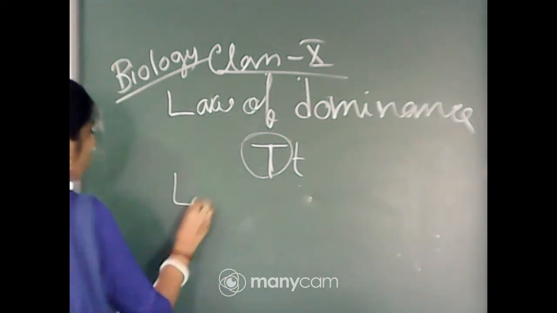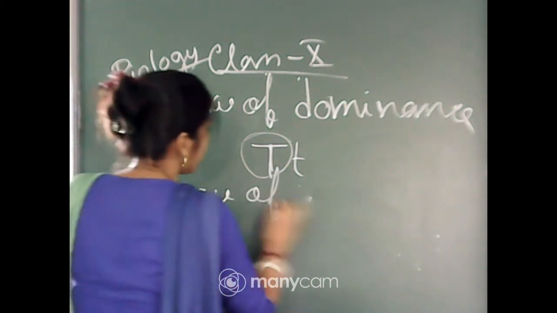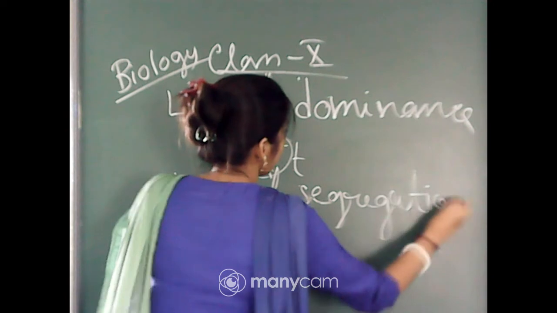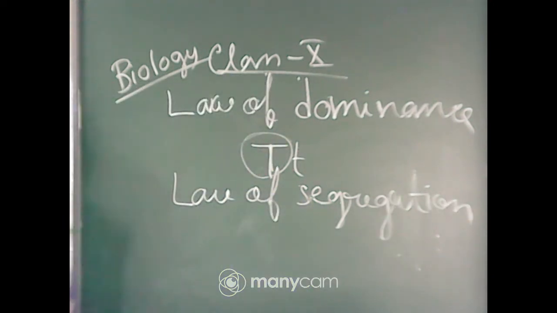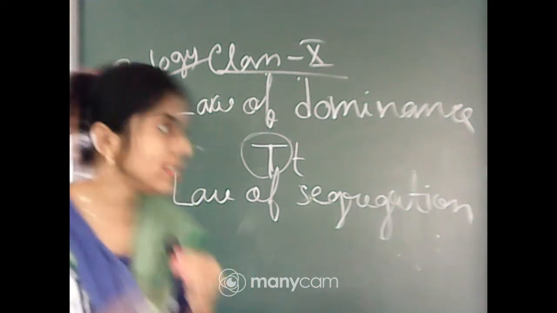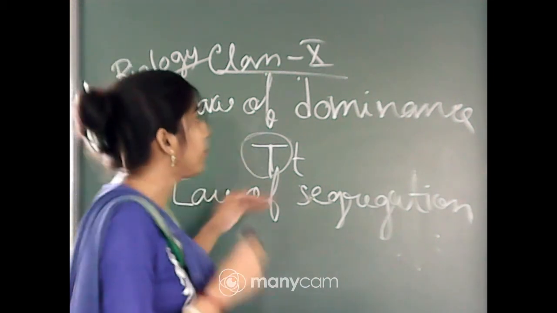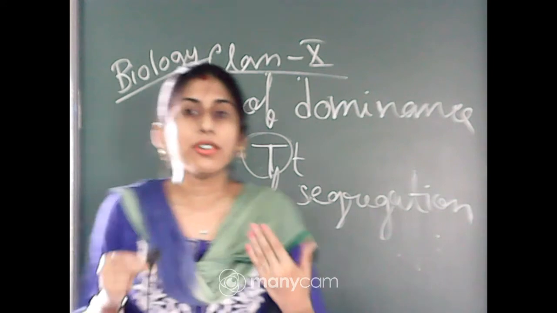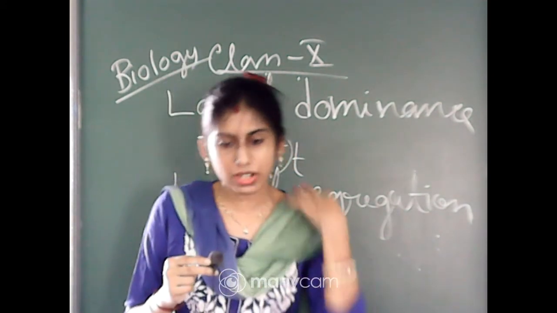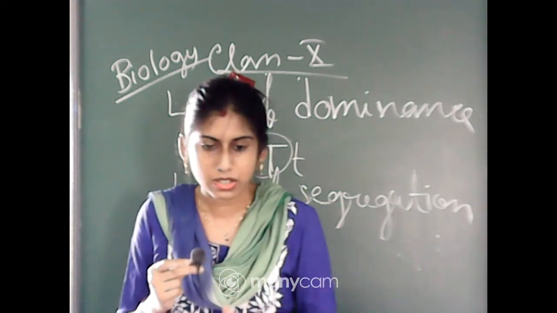The next law is the law of segregation. This one is also derived from the monohybrid cross. As it is a law given by Mendel, if we want to write the actual law, we have to write it within double inverted quotation marks.